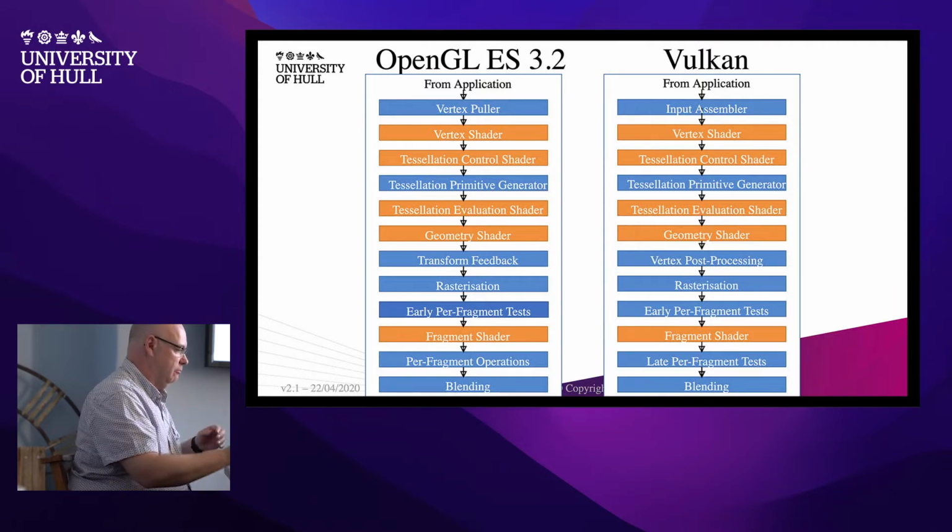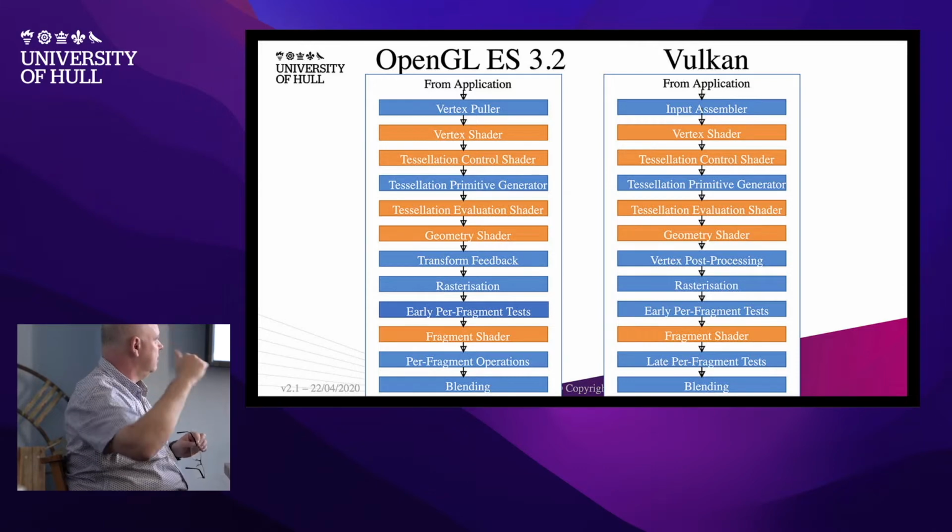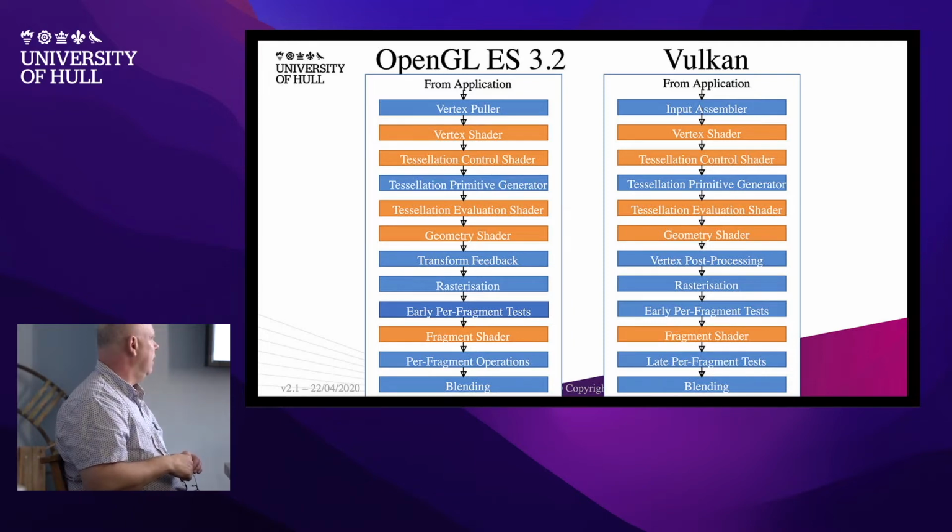This is just the rasterization. Again, I'm going to go through these anyway. But you can see, yes, some of the terminology is different, but each of these stages is essentially the same. Now, how you write Vulkan and how you write OpenGL ES commands and shaders and so on is different.